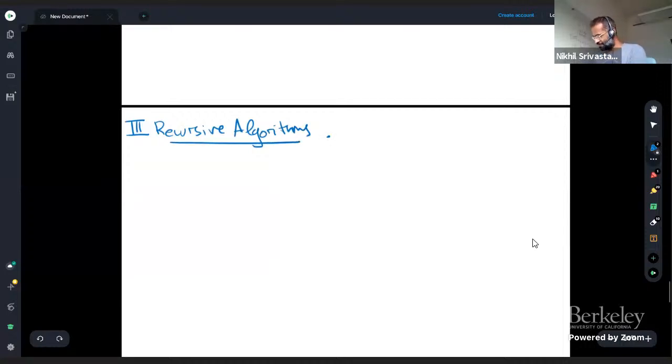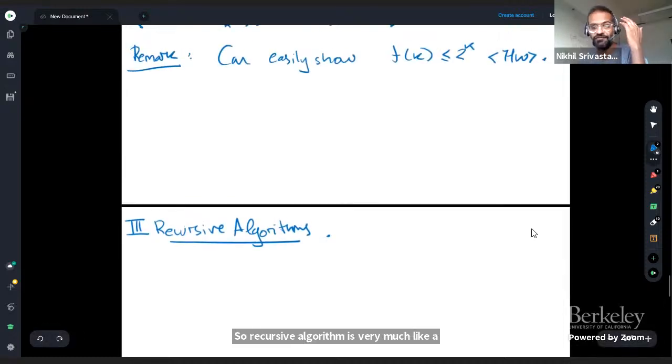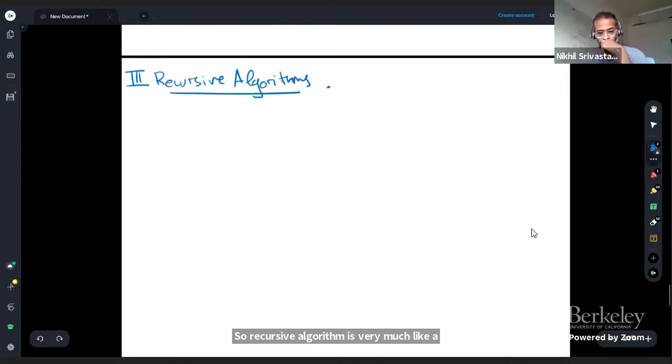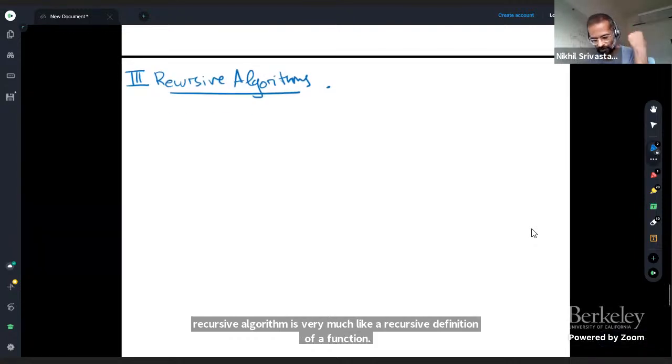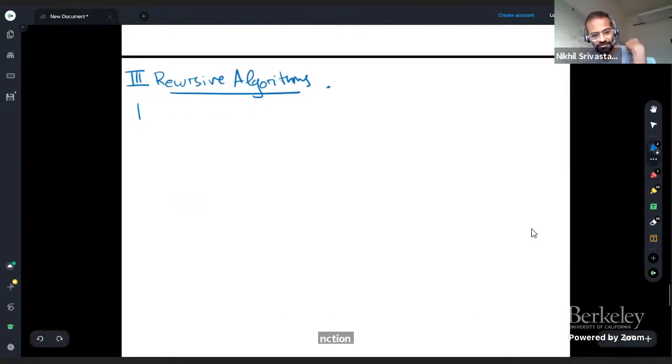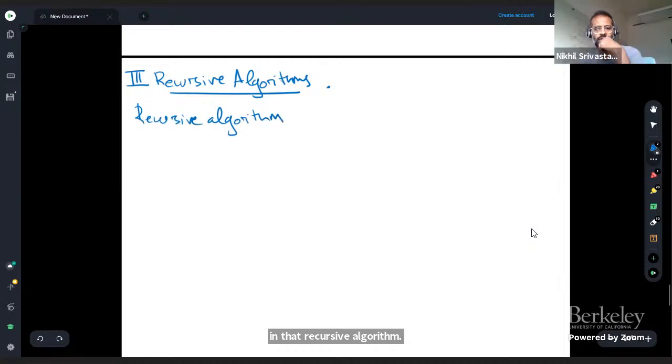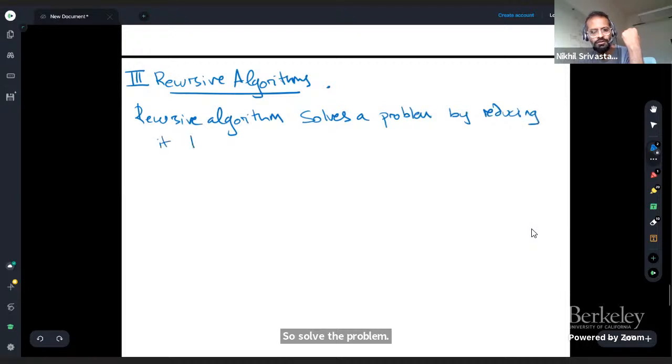So a recursive algorithm is very much like a recursive definition of a function, in that a recursive algorithm solves a problem by reducing it to a smaller instance of the same problem.